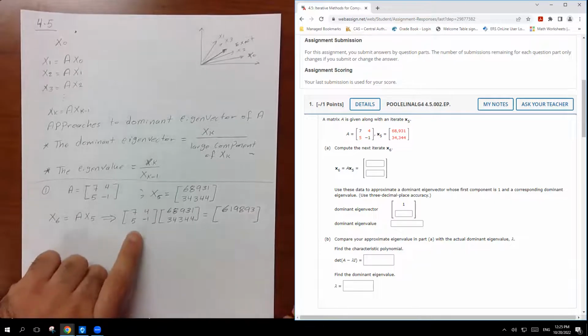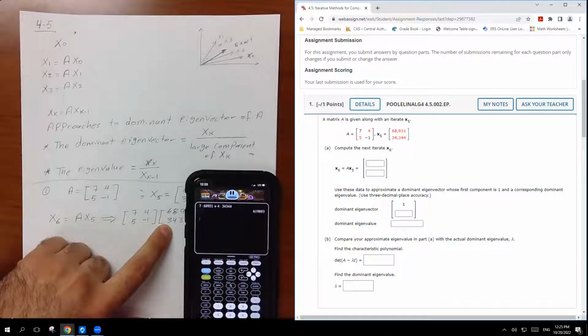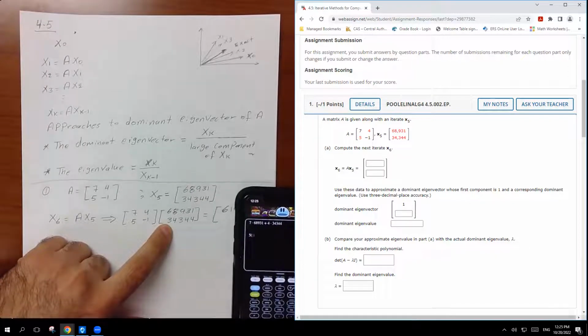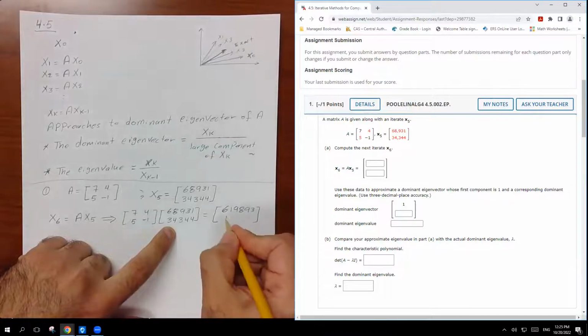Now let's multiply the second row with the first column. So it's 5 times 68931 plus, I have to put parentheses, a plus -1 times 34344, is going to be 121.